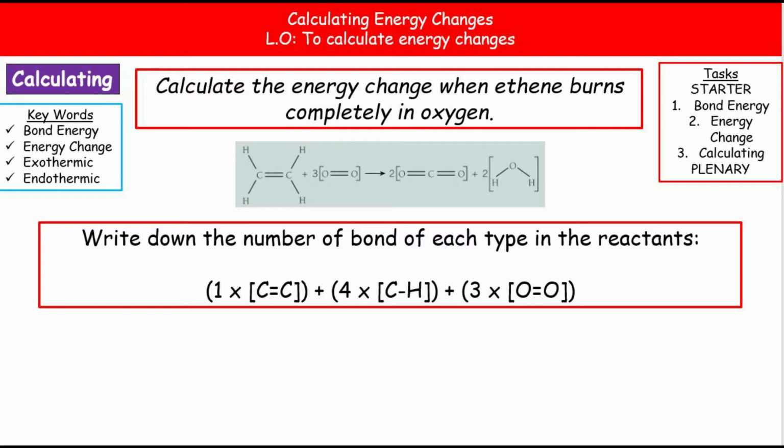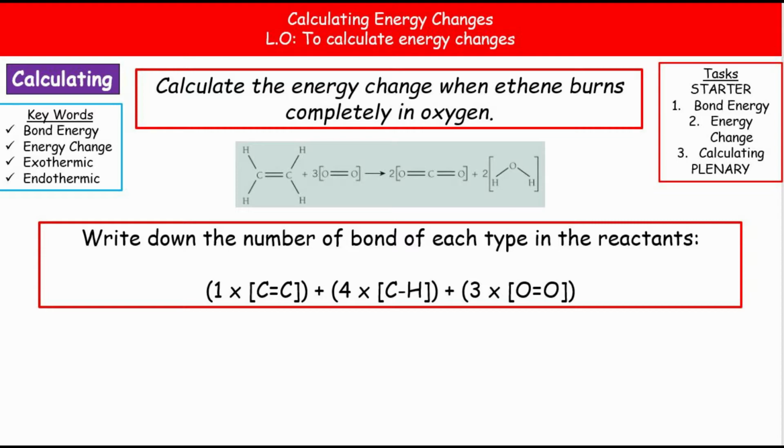So the first thing we need to do is actually write down the number of bonds of each type in the reactants. So we're just looking at the left hand side of the arrow. So from there, if we start off with the chemical on the far left, our ethene, then we can see in the middle we've got a carbon double bond carbon, and then we've got 4 carbon hydrogen bonds.